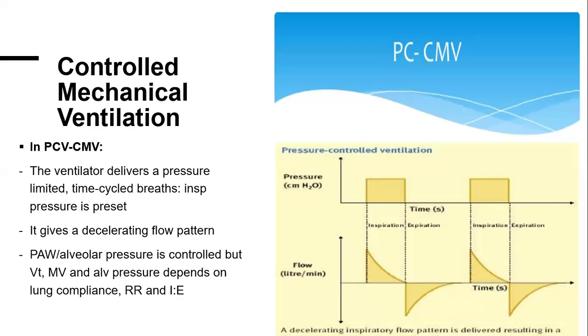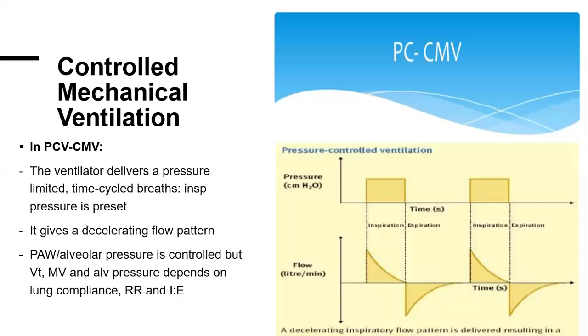But here in pressure control, it doesn't come into play because the breath is totally controlled. The patient is not allowed to make any spontaneous breath, so the patient cannot generate intrinsic pressure by his respiratory muscles.